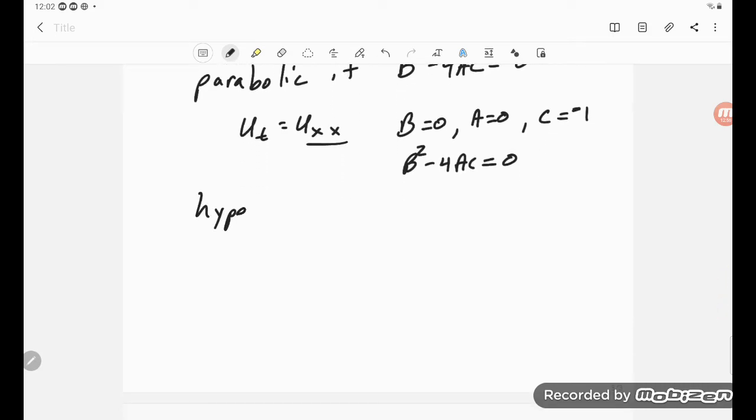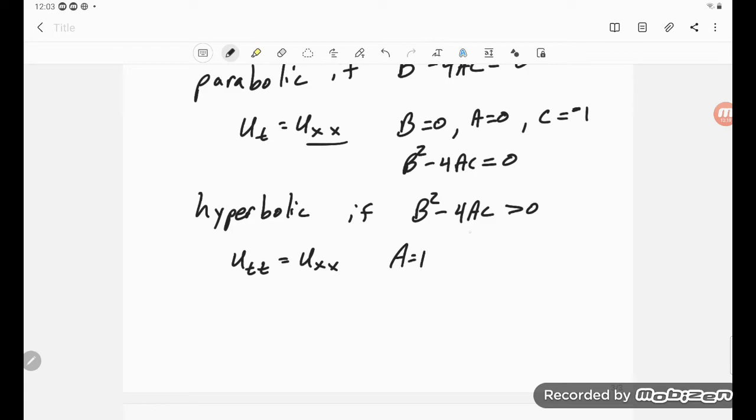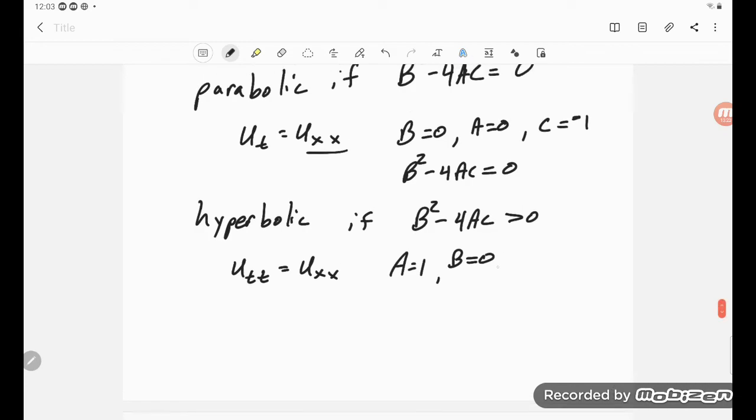Hyperbolic, if b squared minus 4ac is greater than 0. Well, if you look at the wave equation, in this case we would have A is equal to 1, B is equal to 0, there are no mixed partials in there, and then C is equal to negative 1, because we moved that over to the left side.